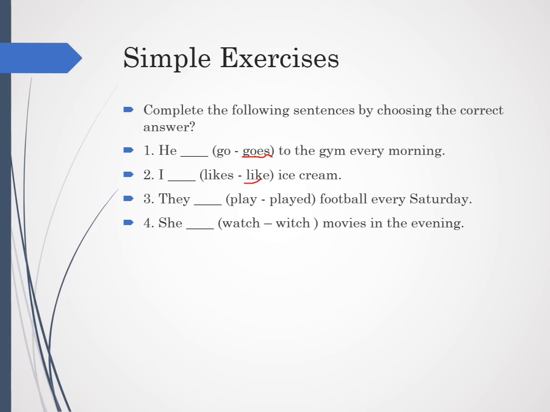I like, because I is considered in the present simple as a plural pronoun. They play football every Saturday, or they played football every Saturday. Of course, number 1, because number 2 is in the past. We add ed, and we will study it in the next videos inshallah.